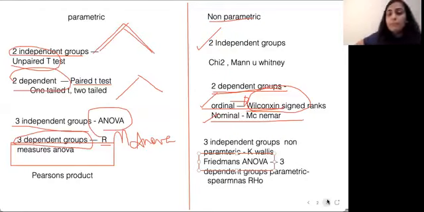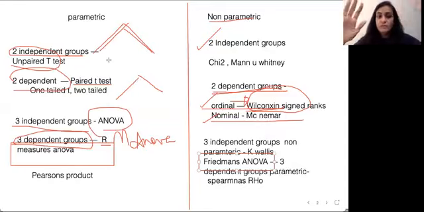So remember, always make your own table like this. Have a difference, parametric, non-parametric. Two independent non-parametric, Mann-Whitney. Two independent parametric, unpaired t-test. Two dependent non-parametric, Wilcoxon signed-rank. Two dependent parametric, paired t-test. Then three groups. Three independent groups parametric, ANOVA.